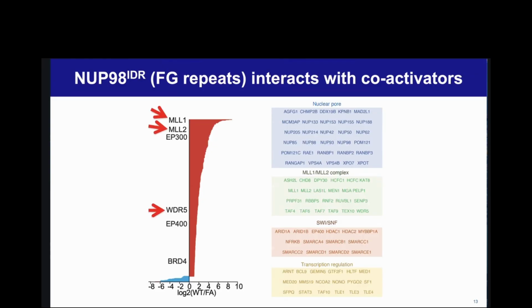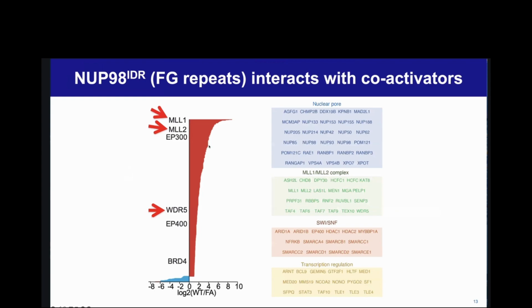So essentially, what you're looking at here is a plot. You compare the interactome identified using the fusion protein containing the wild type FG repeats compared to the mutant where the FG repeats are now mutated to the AGs.